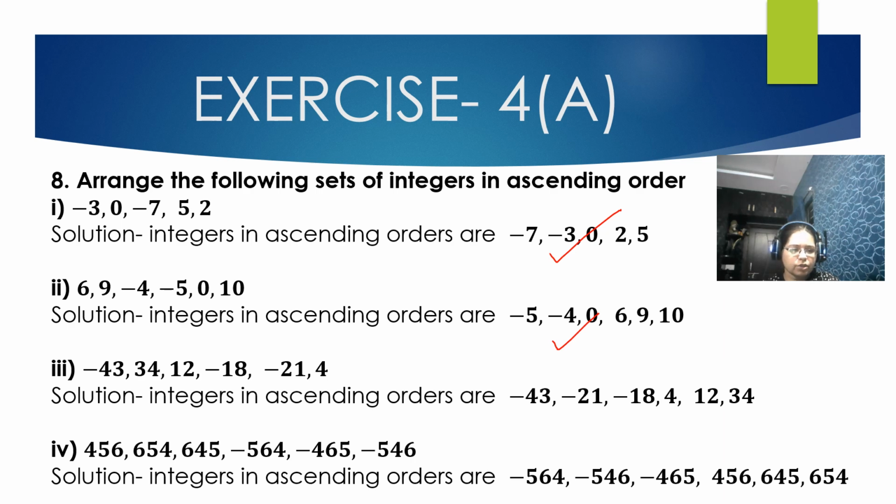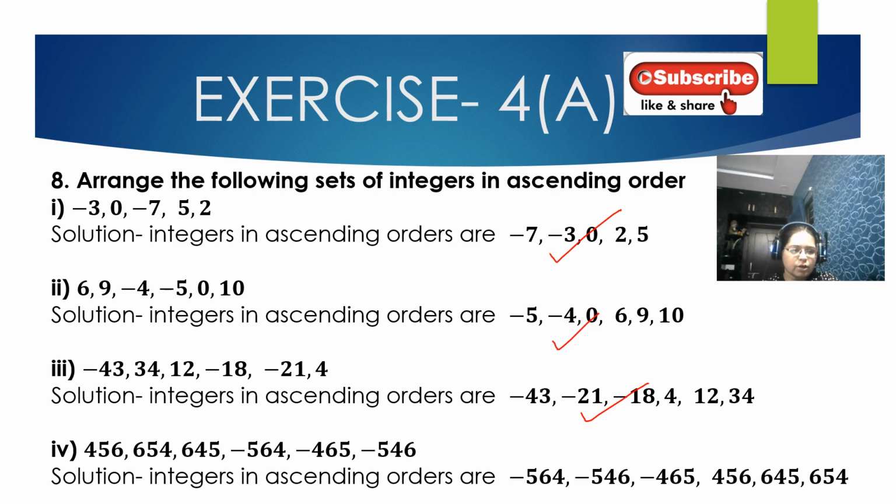Third part, -43, 34, 12, -18, -21, 4. Integers in ascending order are -43, then -21, then -18, then 4, then 12, then 34.